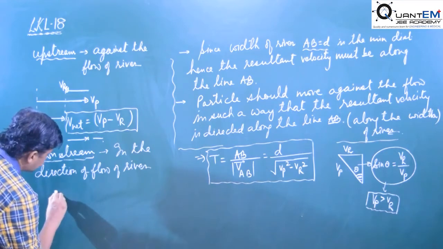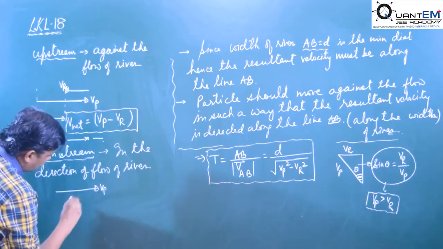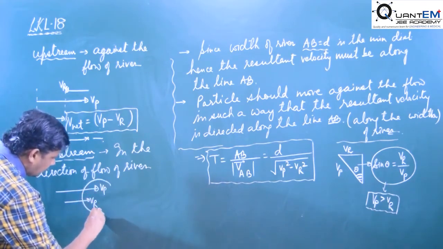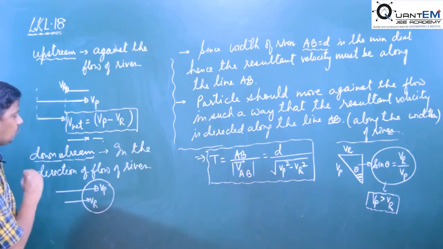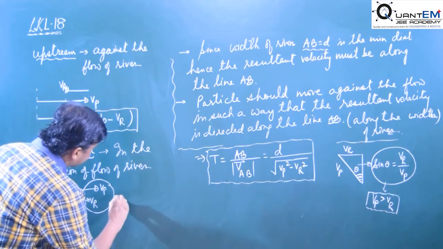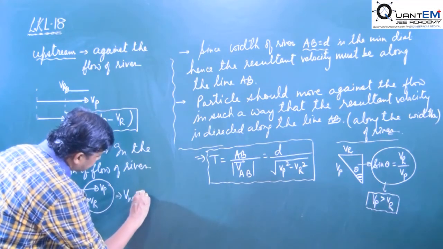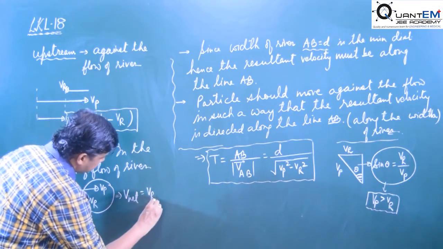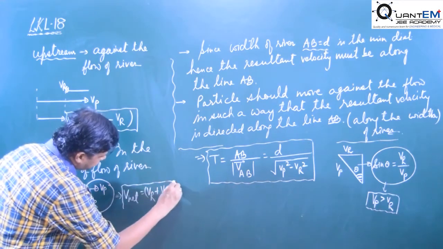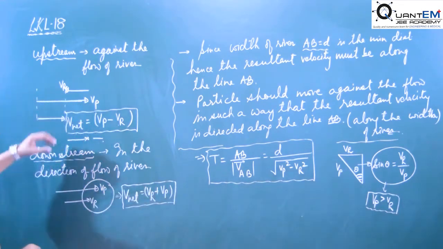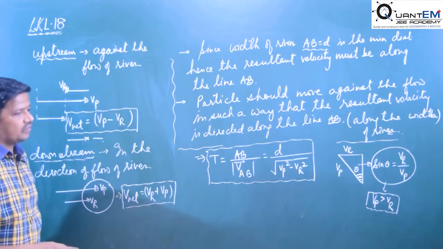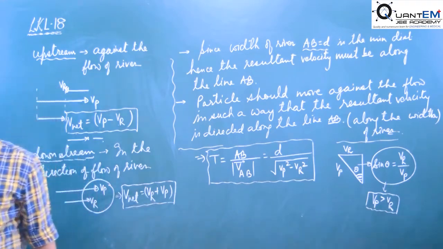Suppose this one is the velocity of particle and this one is the velocity of river. Now river or any flow, it may be the flow of wind also. So your river is supporting the velocity of particle. So what will be the net velocity of the particle? That will be Vr plus Vp. So this condition is upstream against the flow of river and downstream in the direction of flow of the river. That is the concept.